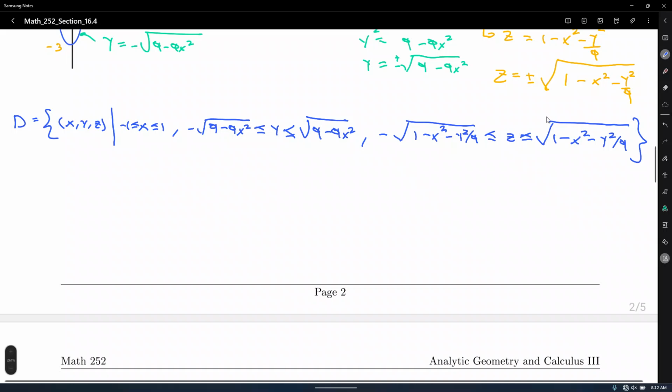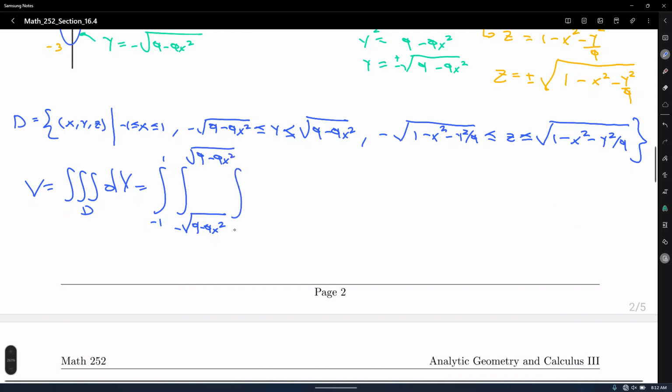in the new system. Okay, so volume V equals the triple integral over the region, let's call it D, right? That is the integral from -1 to 1, from negative square root of 9 minus 9x squared to positive square root of 9 minus 9x squared, and then the third integral from negative square root of 1 minus x squared minus y squared over 9 to square root of 1 minus x squared minus y squared over 9, dV.